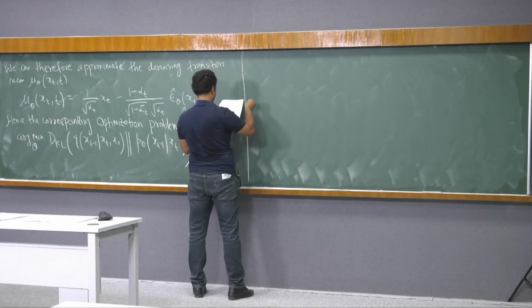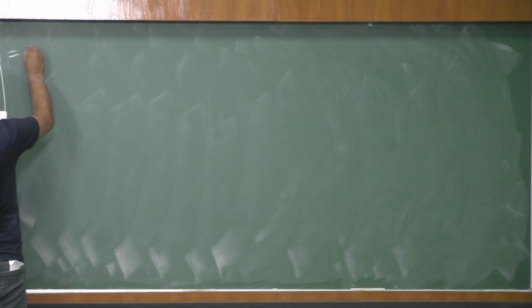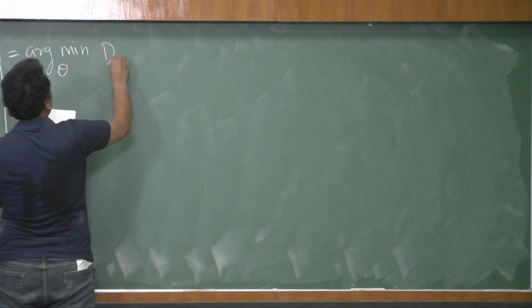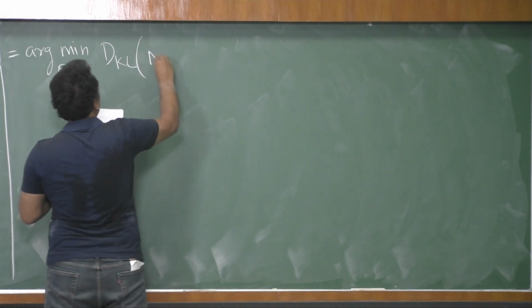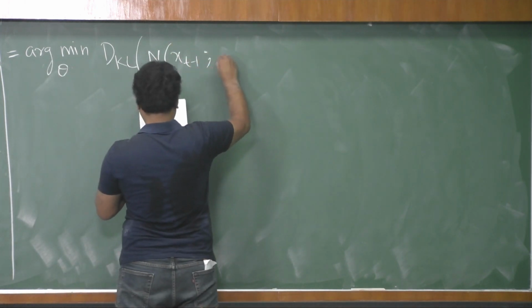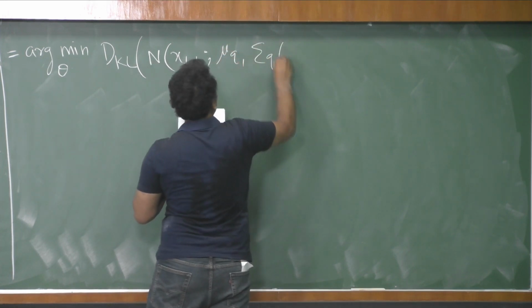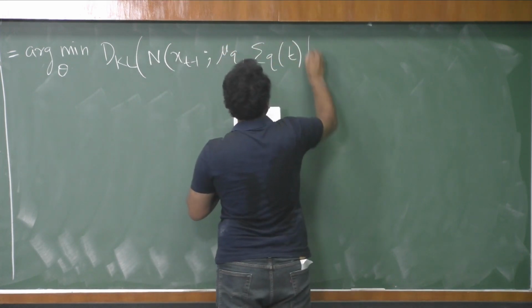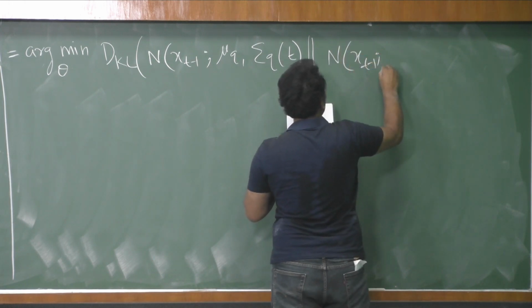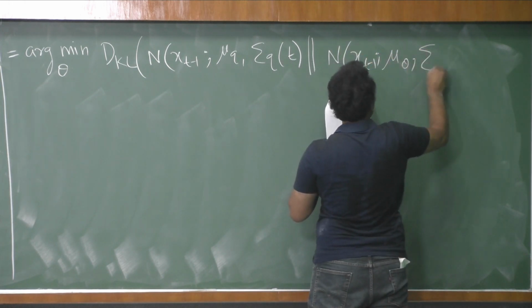Substituting the normal distribution form, the KL of normal xt minus 1, mu q, sigma q t, is compared with normal xt minus 1, mu theta, and sigma q t.